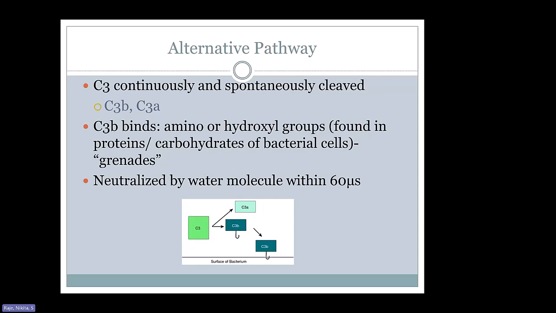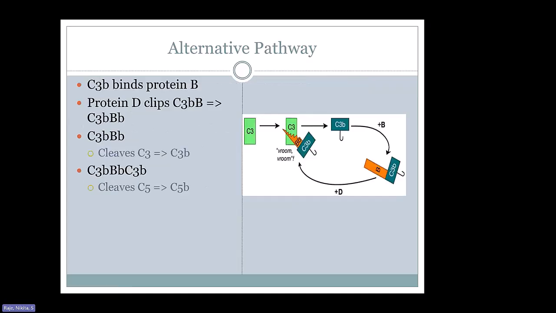So here's a picture showing, say, the surface of a bacterium. A bacterium is present, and the surface of the bacterium will have the amino or hydroxyl group. Complement C3 is cleaving to C3b and C3a, and the C3b can go and bind to that group on the bacterial cell wall.